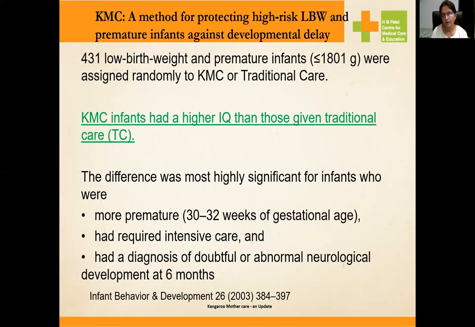So it has a role in the neurodevelopmental outcome of premature and low birth weight babies, especially more premature babies like 30 to 32 weeks of gestation. The difference was more significant in those who required intensive care and those who had a diagnosis of doubtful or abnormal neurological development at 6 months.